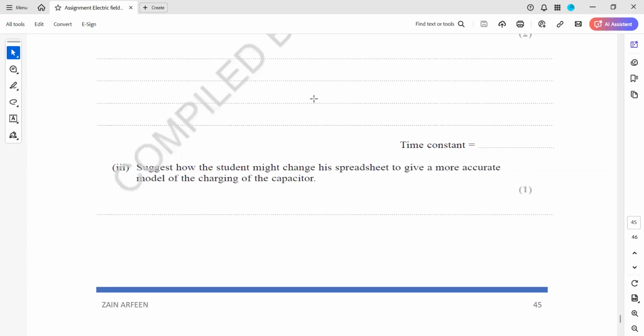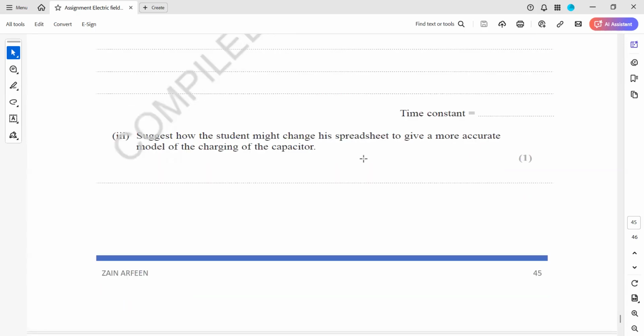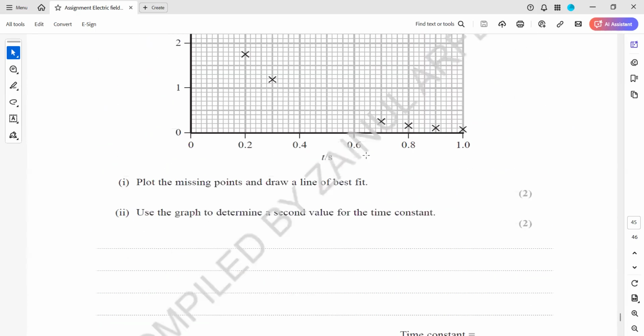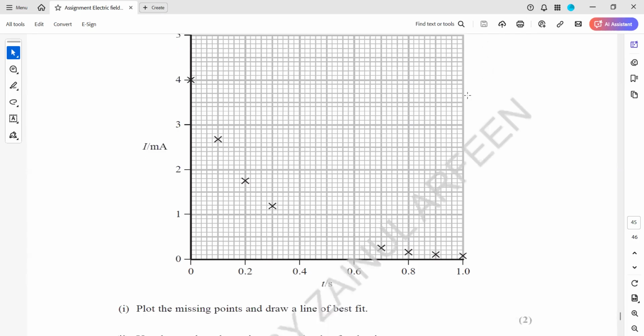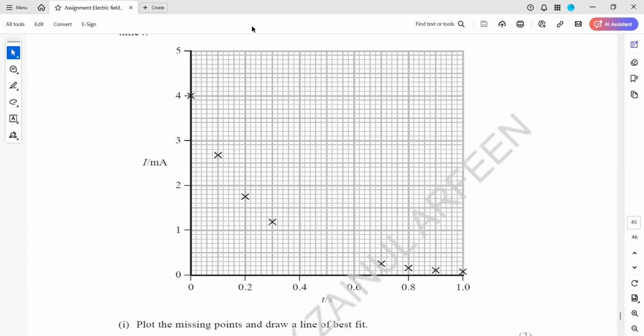Suggest how a student might change his spreadsheet to give a more accurate model of the charging of a capacitor. Whenever we want to improve, because it's a curve, it's hard to get a precise answer. So the student can plot a graph between ln I and t, which should be a straight line.